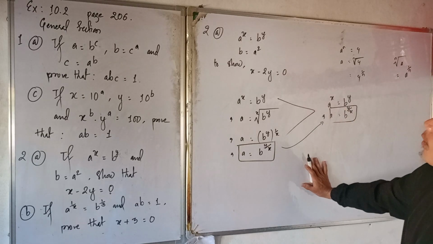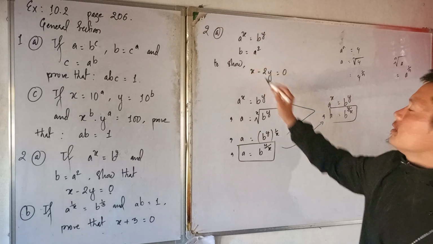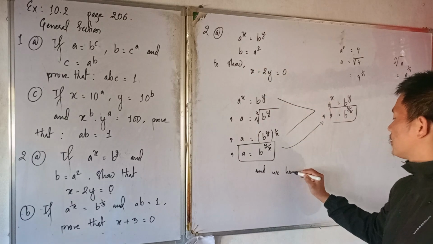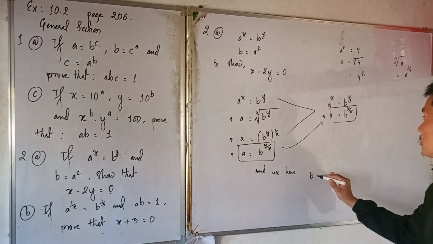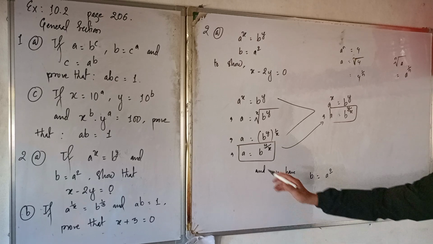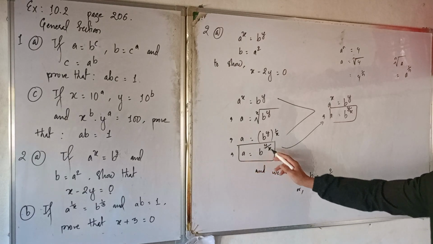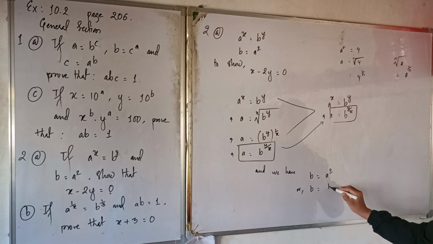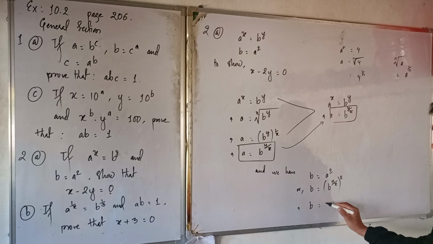Now what you do is just use this second condition, and we have b is equal to a square. Now we have a is equal to b power y by x, so replace the value of a by b power y by x, and we have the square here. So b is equal to b power, now multiply, 2y by x.